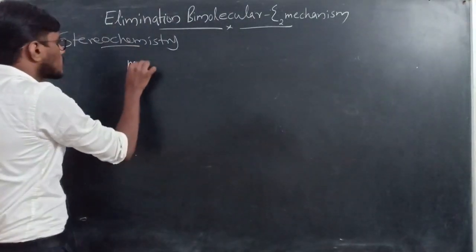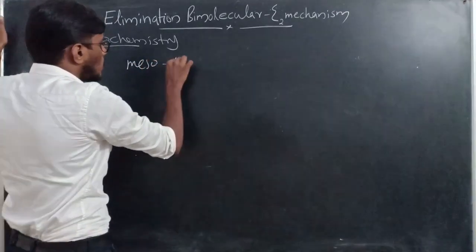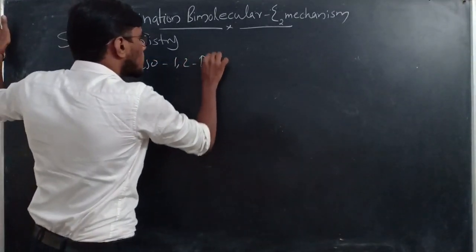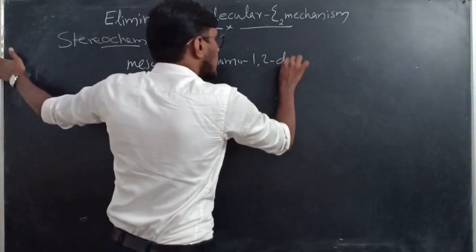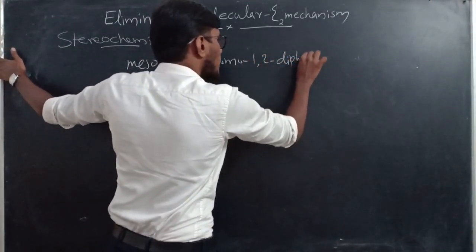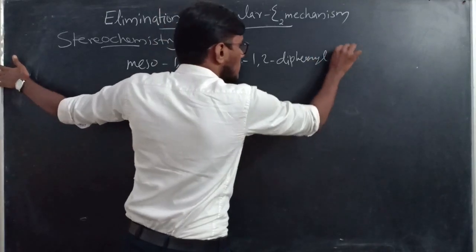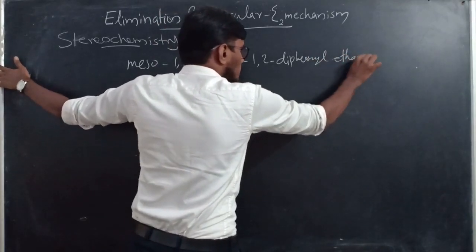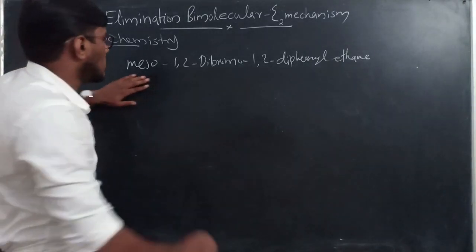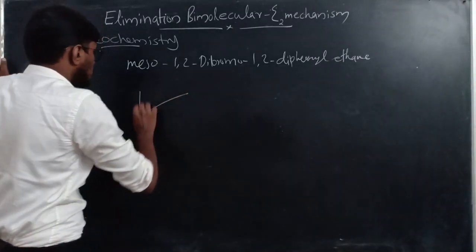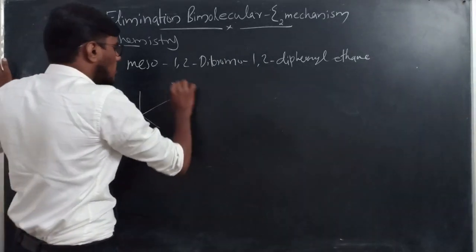Meso 1,2-dibromo 1,2-diphenyl ethane. This is the compound. We are first taking the meso form of this compound, and the isomer will be like this. This is the meso compound.